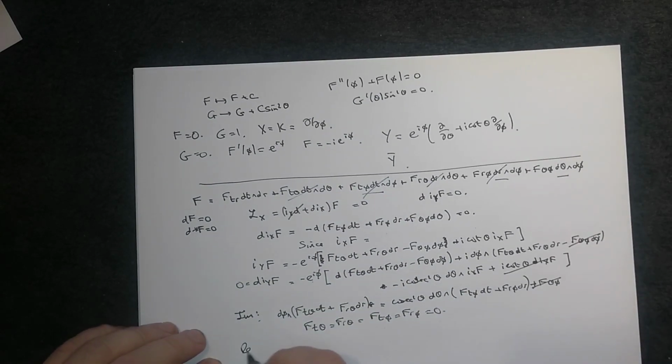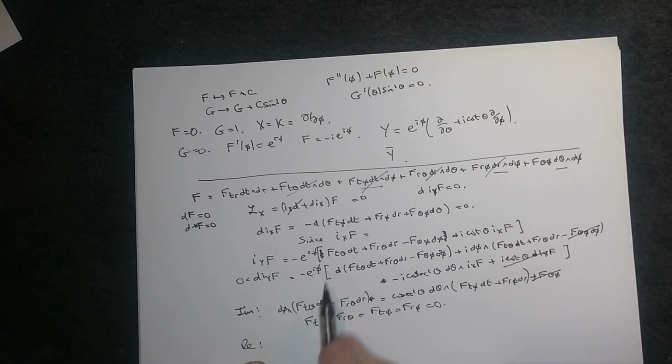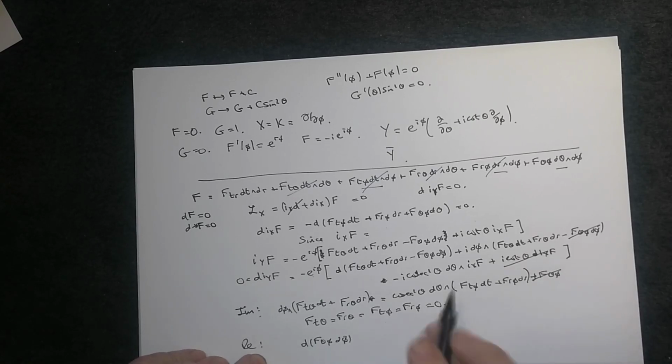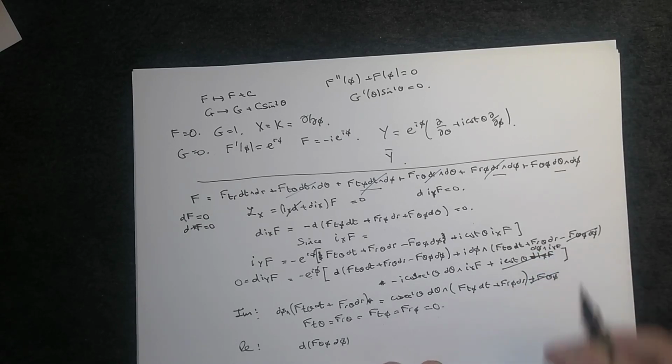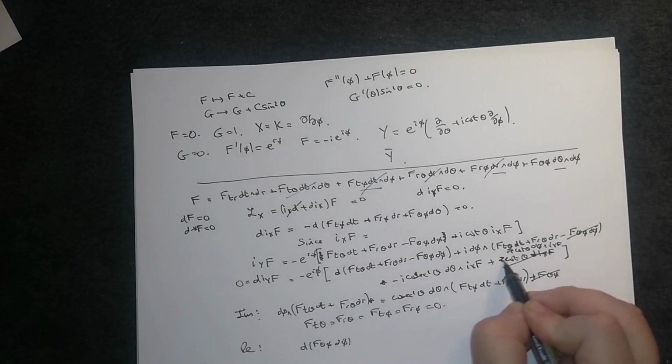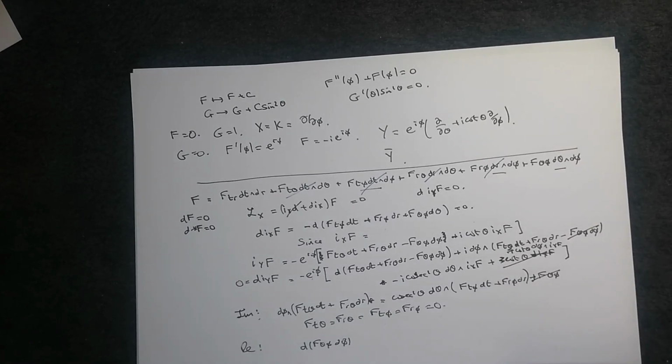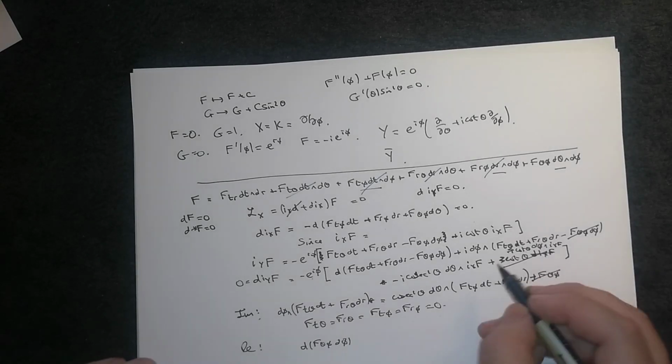The real part of this equation tells me that dF_θφ dφ, that's that bit, there, that should still say dφ wedge i_x F times i cot θ. Minus sign.